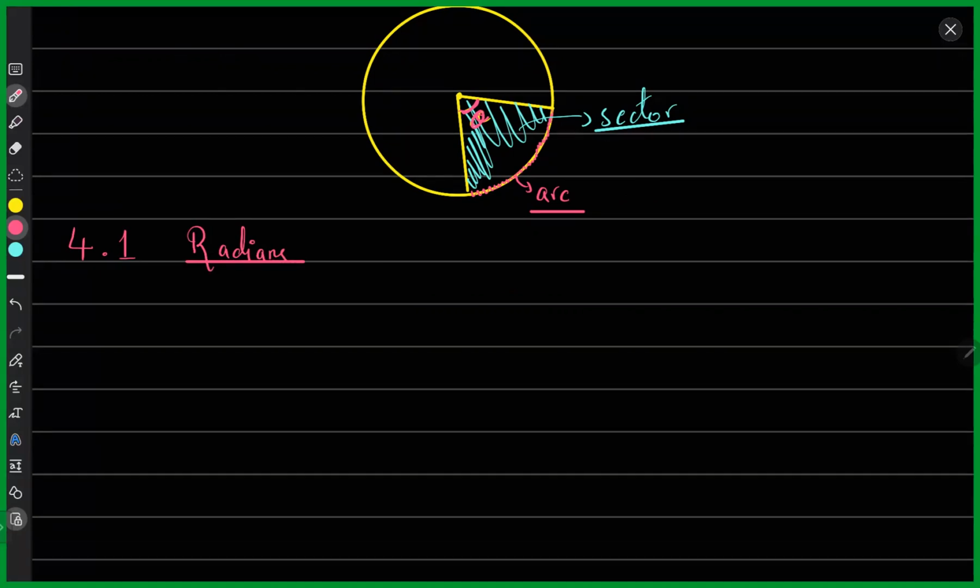First of all, we need to talk about some conversions, that 2 pi radians is basically equal to 360 degrees, and then pi radians is basically equal to 180 degrees.